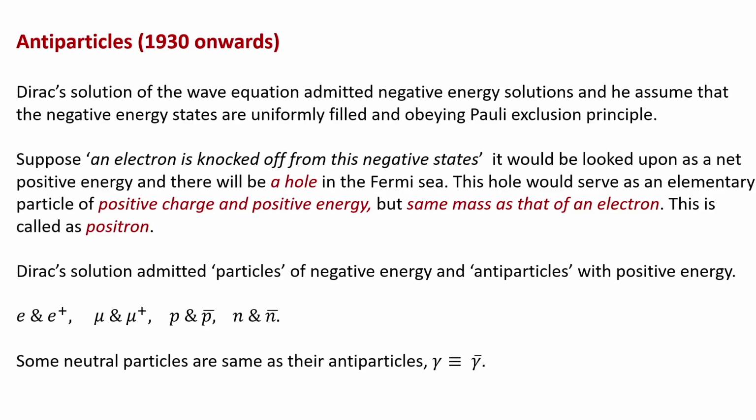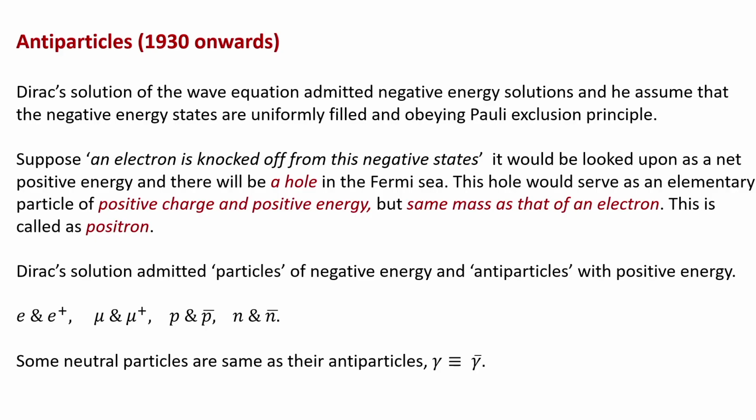So, it is not a proton, because a proton has 2000 times larger mass than an electron, and this is called a positron. We just described that positrons are really found in cloud chamber experiments, where electromagnetic radiation splits into an electron and a positron. So, Dirac's solution admitted particles of negative energy and antiparticles with positive energy.